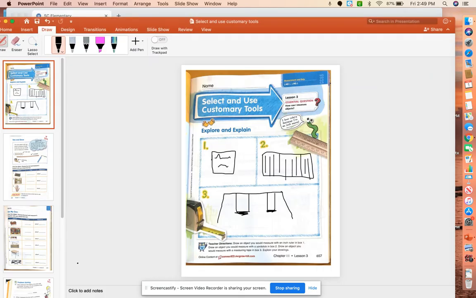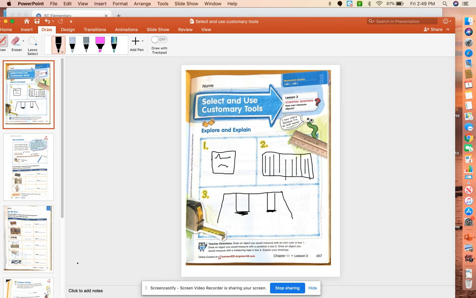Okay, boys and girls, here are the three things that I chose to draw. In my first box, that is my picture of a piece of paper that has writing on it, and I would measure that with an inch ruler. And number two, that would be with a yardstick. That is my rug that's underneath my kitchen table.